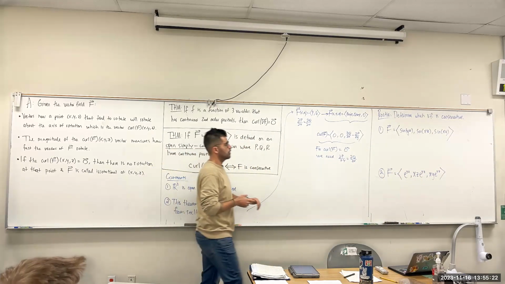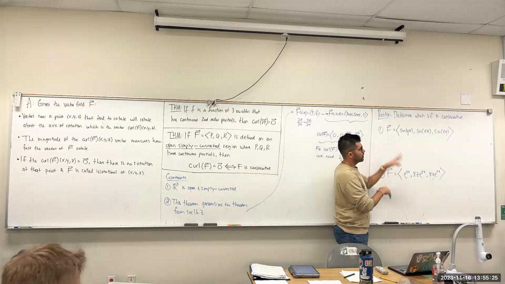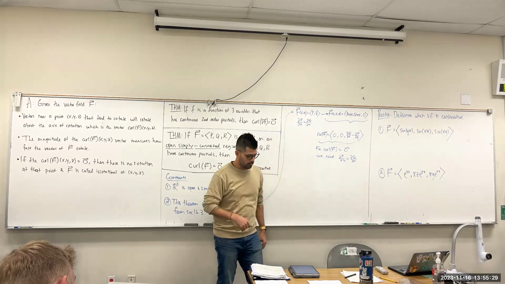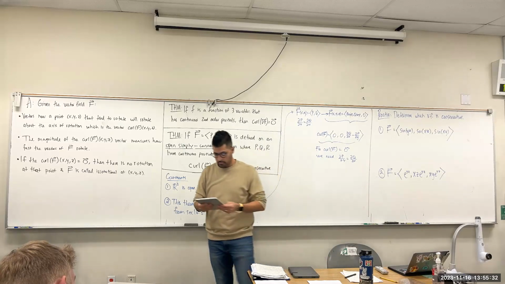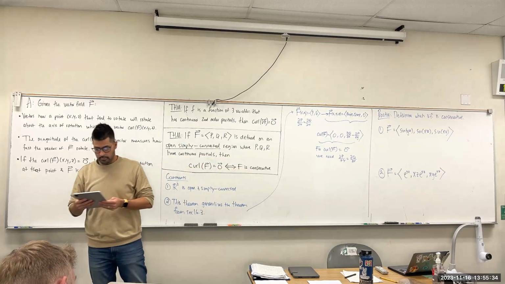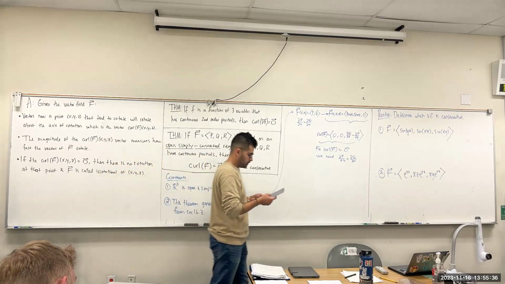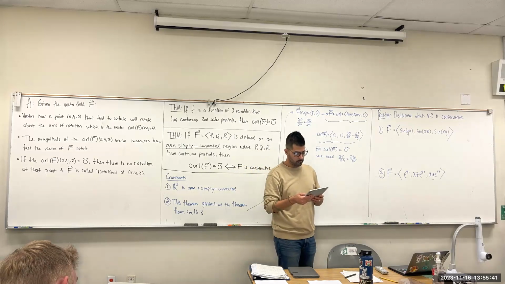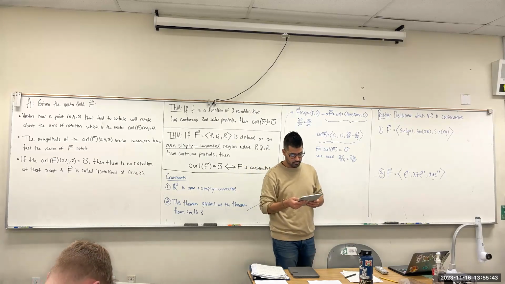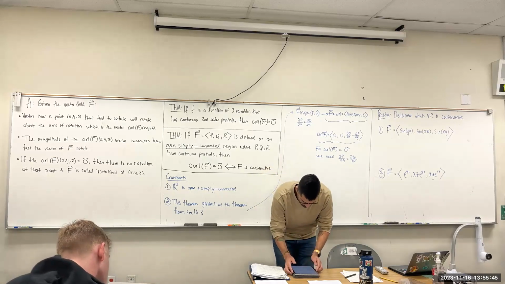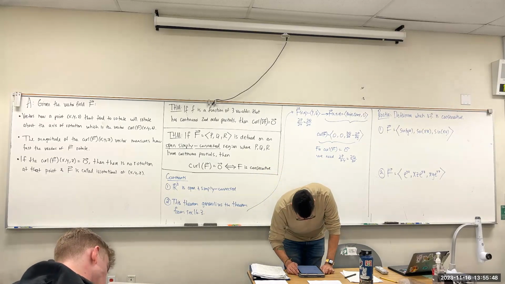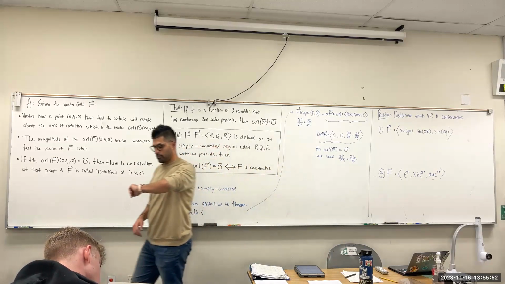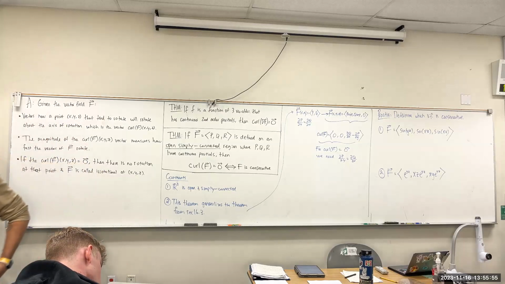You're going to need to know how to do this for later on when we bring in line integrals again. Let's do this practice and then I'll take a break.